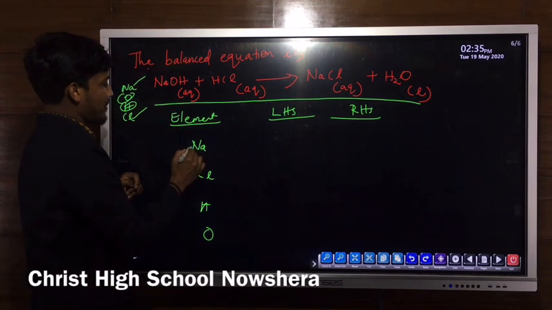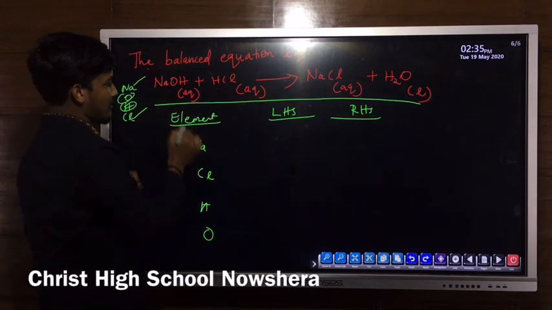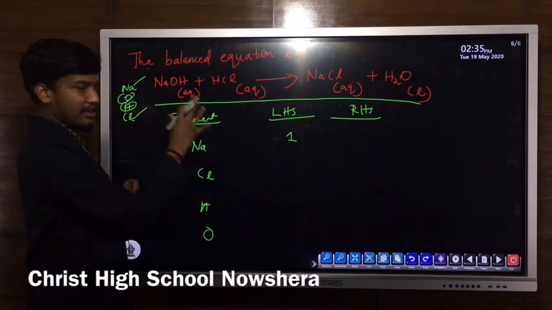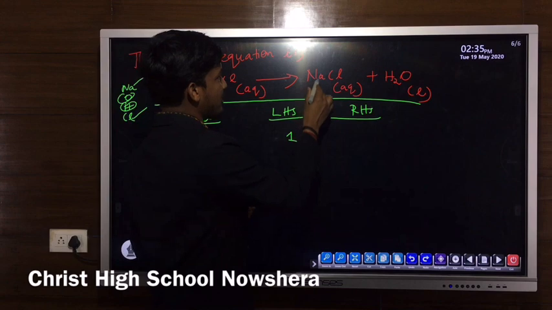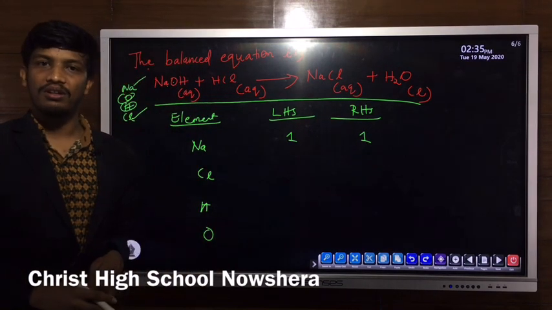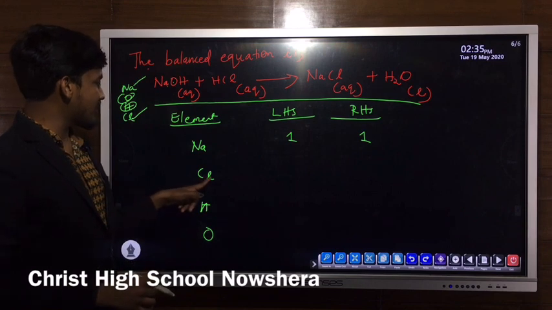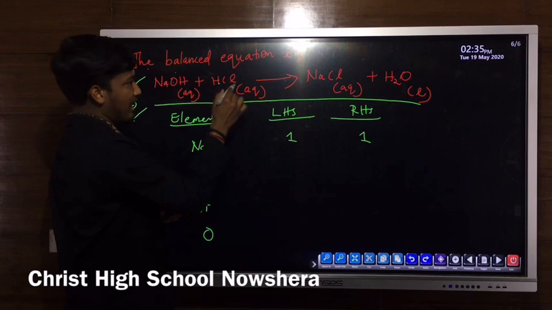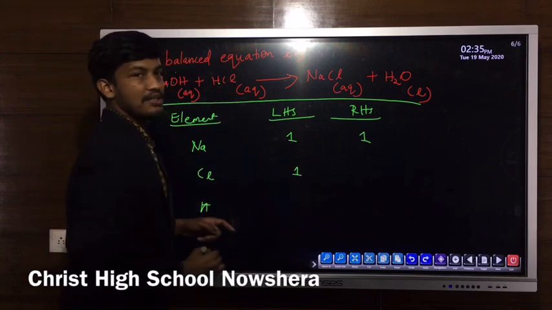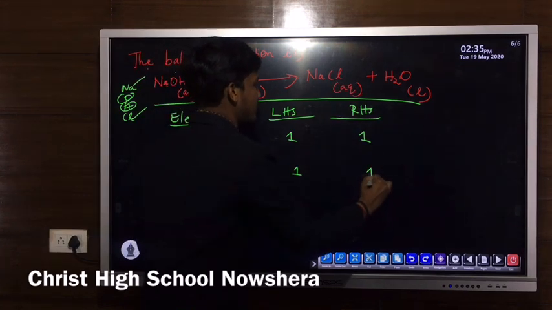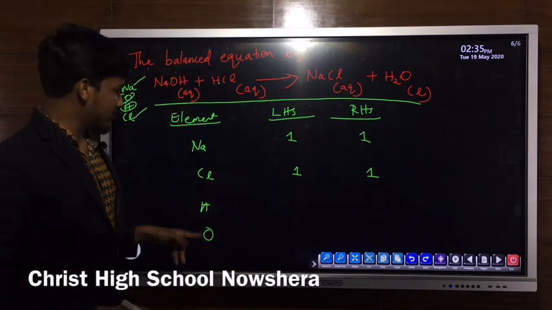NaOH. On this side, how many sodium atoms? NaOH, that is Na1. And on the right side, NaCl, that is Na1. Sodium is already balanced. What about chlorine? HCl, H1 Cl1, so the number of chlorine atoms is 1. From NaCl, how many chlorine atoms? 1. The chlorine atoms are balanced.